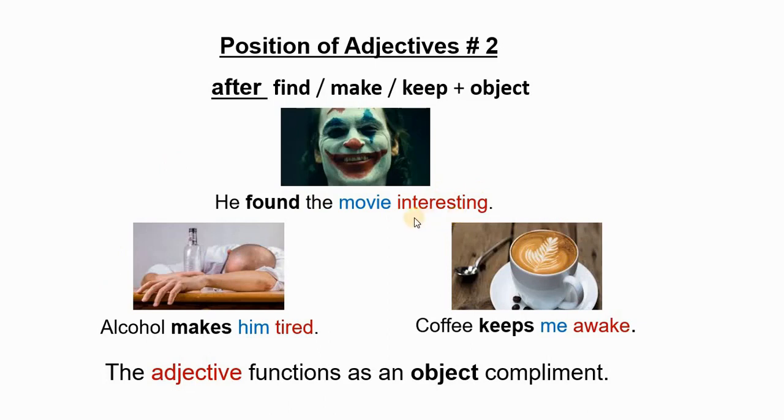So the adjective here is in fact describing the movie, which is the object of the sentence. It is not the subject this time. It is the object. Another example, alcohol makes him tired.